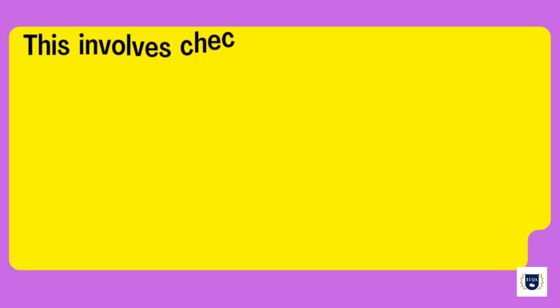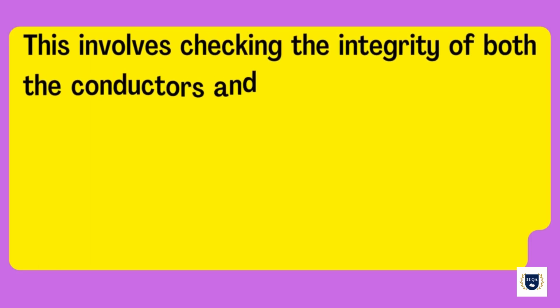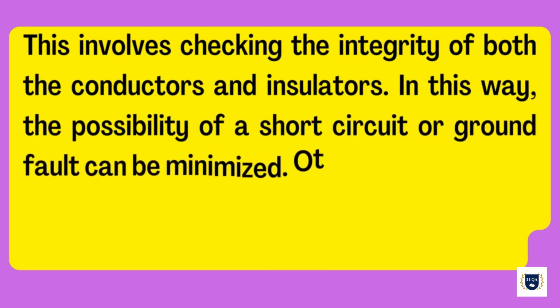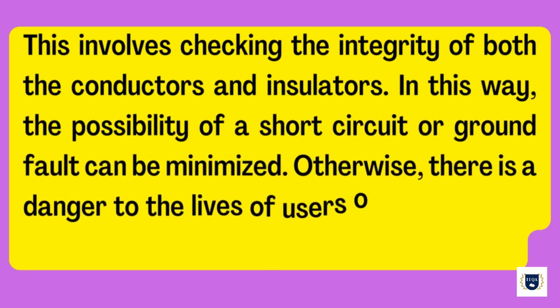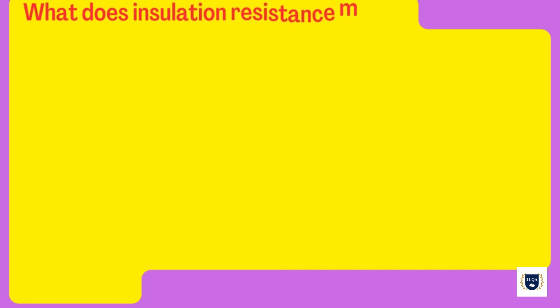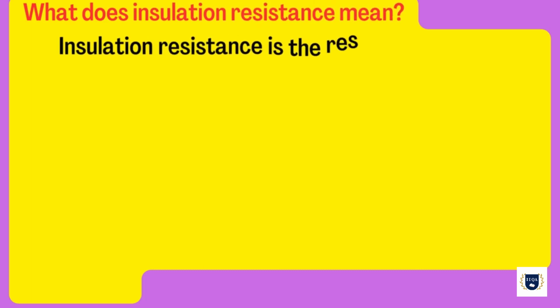This involves checking the integrity of both the conductors and insulators. In this way, the possibility of a short circuit or ground fault can be minimized. Otherwise, there is a danger to the lives of users or even the risk of an electrical fire in the equipment itself.